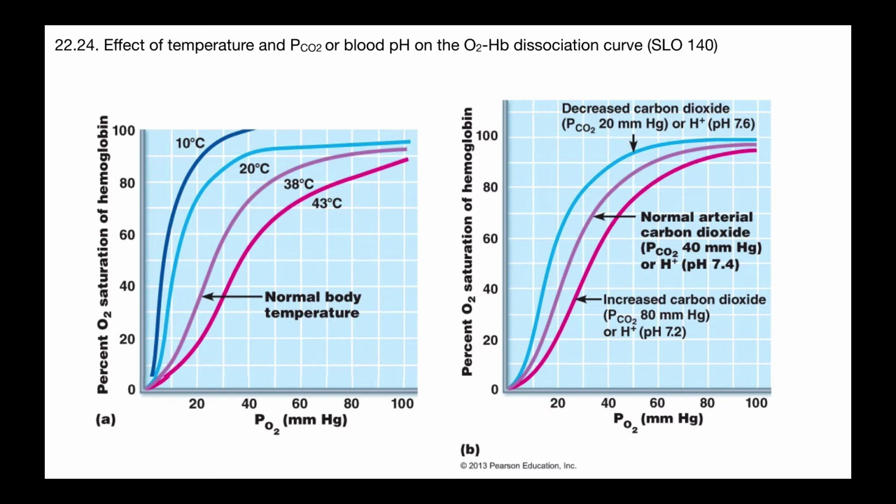On the other hand, if you are actively exercising, more carbon dioxide gets dumped into capillaries because that's one of the waste products of metabolism, right? So that's going to make the blood more acidic. Not acidic down to 4 or 2, but still more acidic than the 7.4 that it's supposed to be at. So again, we see this rightward shift, and the same thing happens.